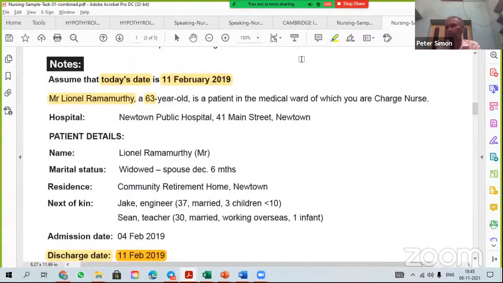So this is number 4: address, then date, then salutation, then regarding line. Now, how are you going to write this regarding line?